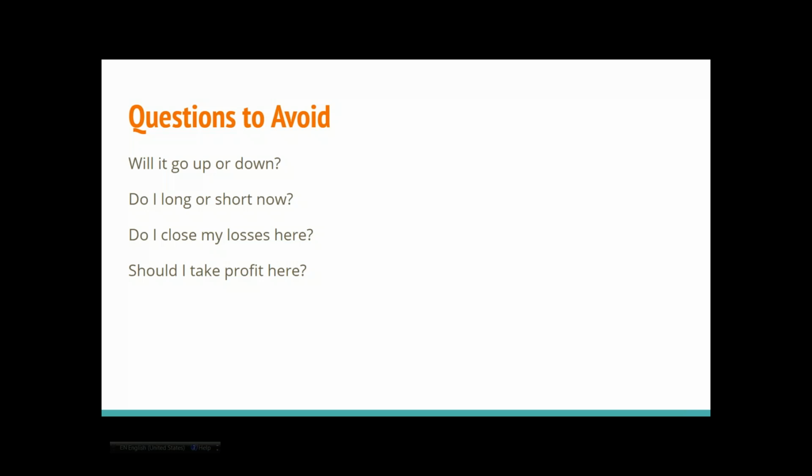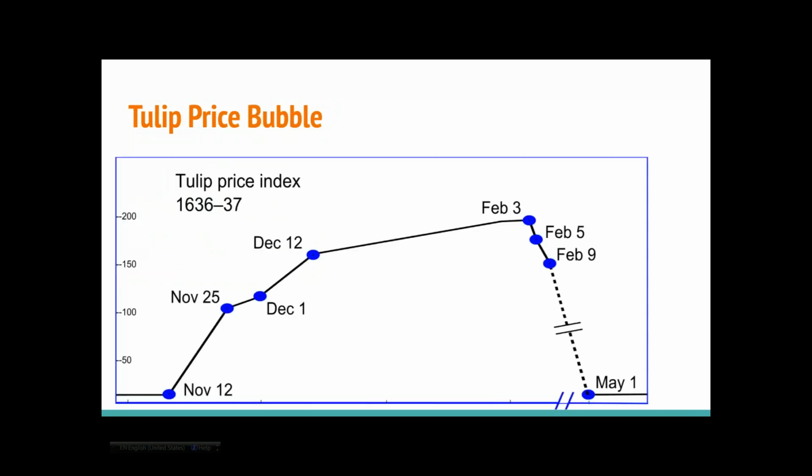So, for example, I give you this example of the tulip. The tulip bubble is the favorite example I always give to my webinar audience. The tulip bubble happened in the Netherlands a few hundred years ago. The tulip price went all the way up to $200, and the majority of the time, the tulip price stayed within $10.